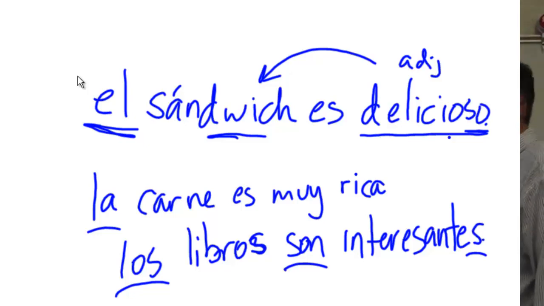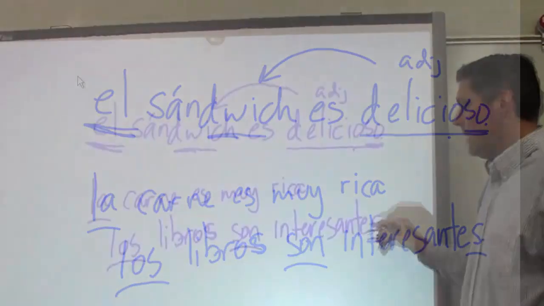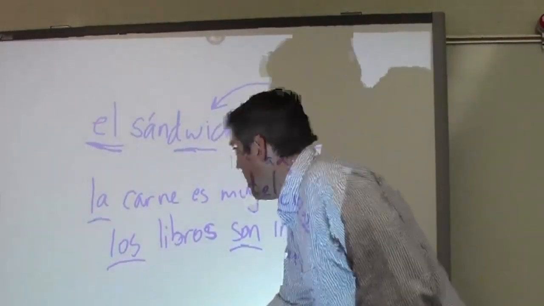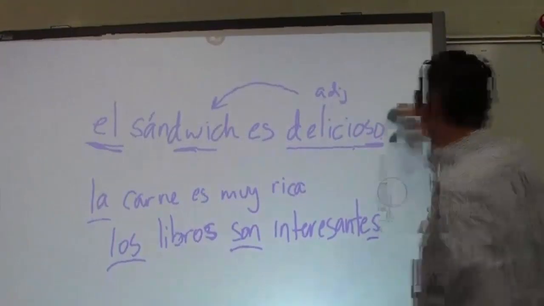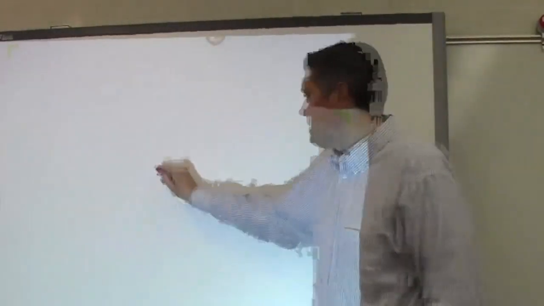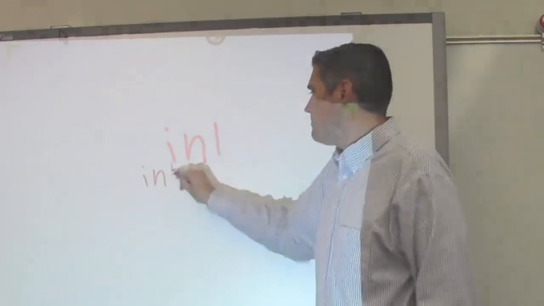Los libros son interesantes. Now, I think that's about all the review we need to do with that. I should mention though that there are a few adjectives like interesante where it doesn't switch between masculine and feminine. So if I were to say, las chicas son interesantes. Okay, even if it's feminine, it's still interesantes.